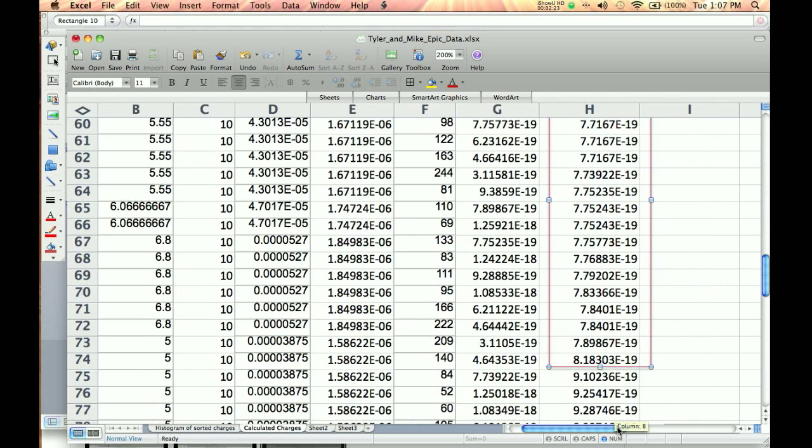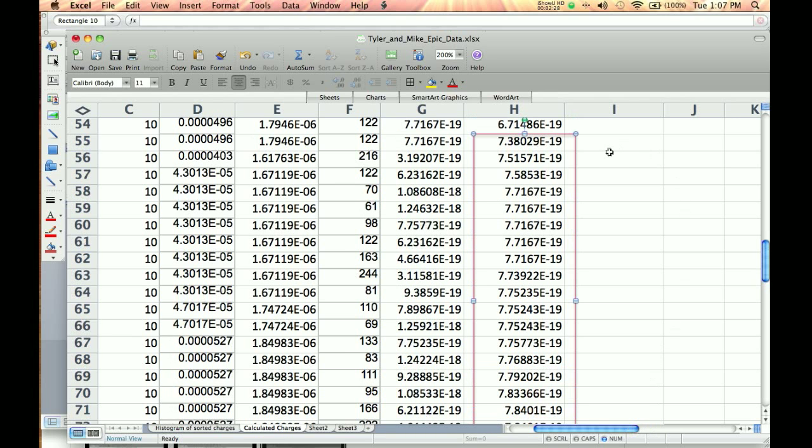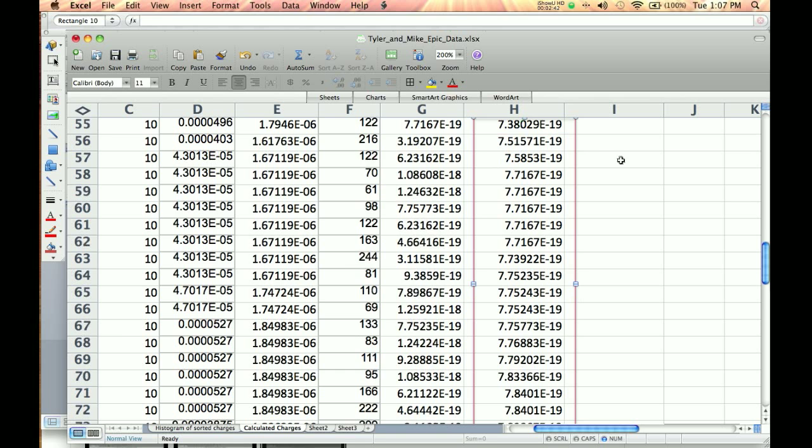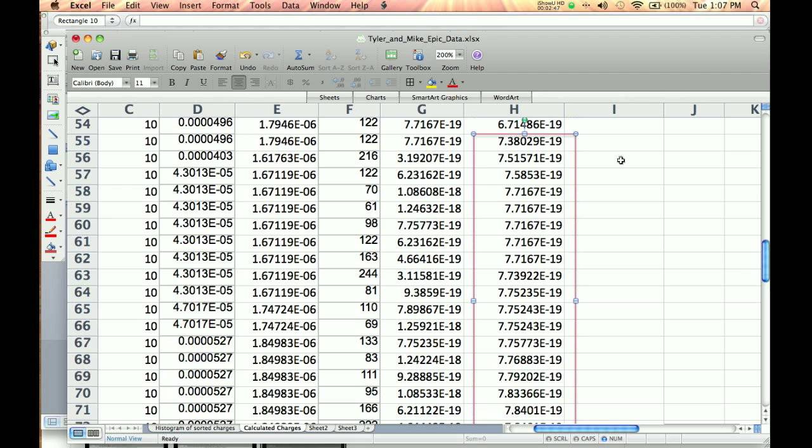Now what we're going to do is the uncertainty of this one step. That guy's 7.38. Let me take this guy here and write this down: 7.38029 E minus 19.